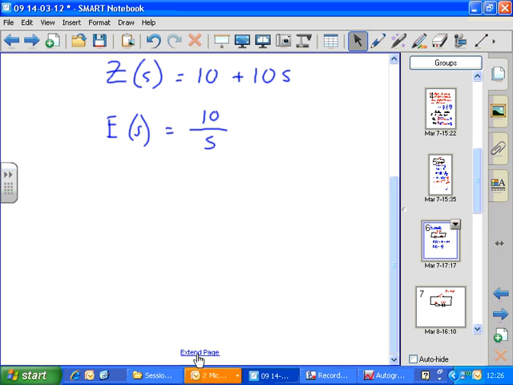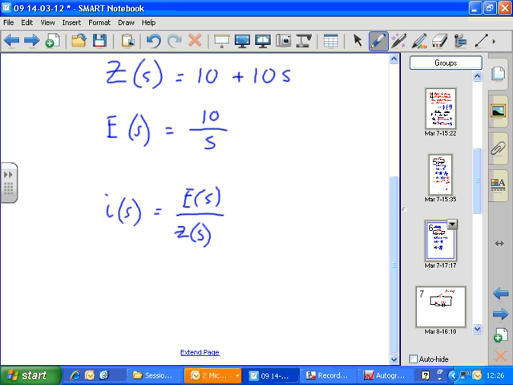So now we can find the current in S space, and that equals E over Z, which equals 10 over S over 10 plus 10S.